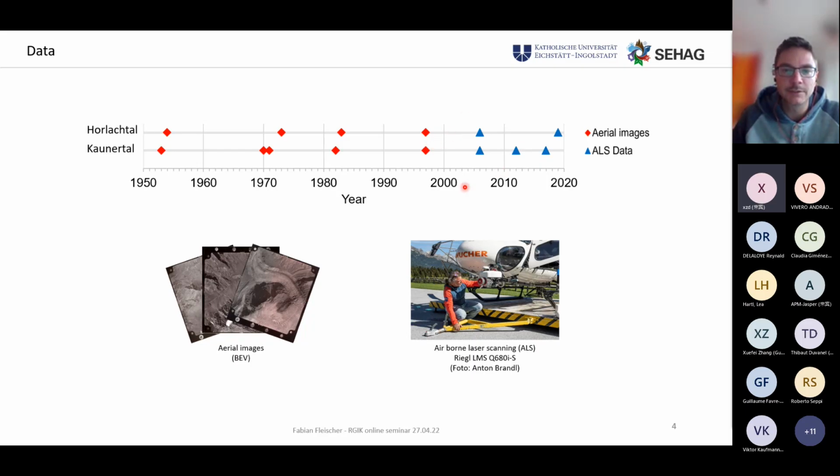And from 2006 onwards, we used ALS data. The ALS data of 2006 was recorded by the government, while the more recent ALS data from 2012 onwards were recorded by ourselves, as you can see here.